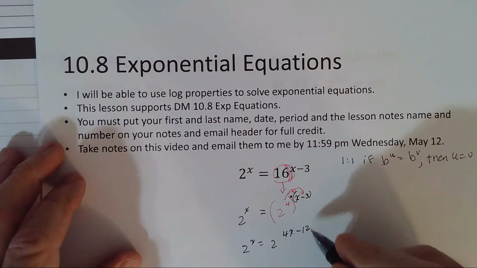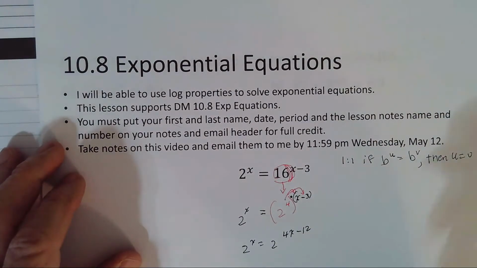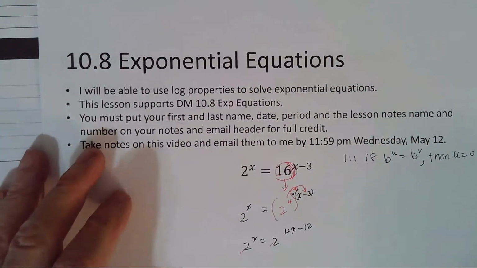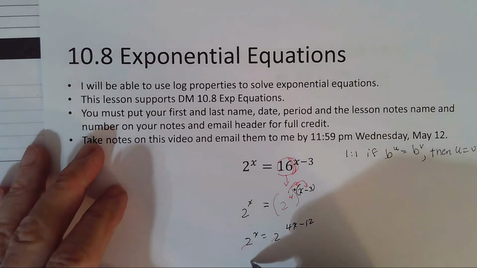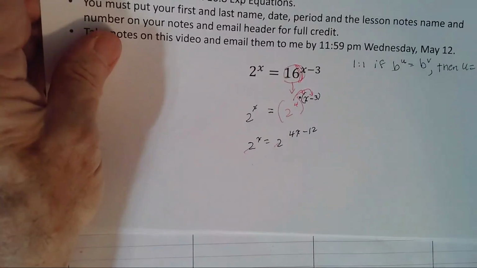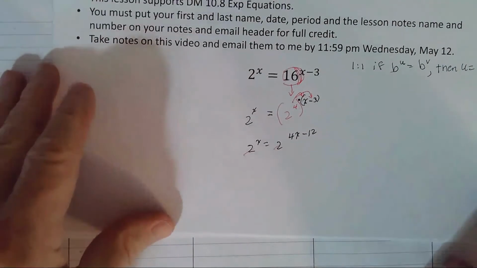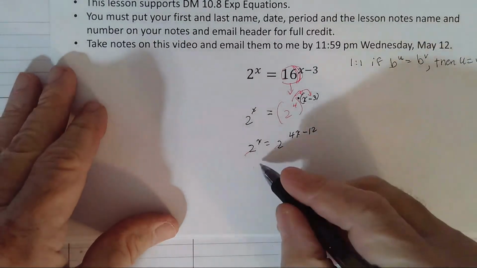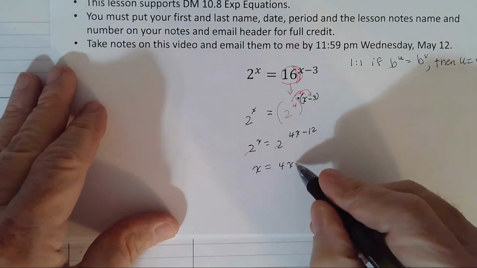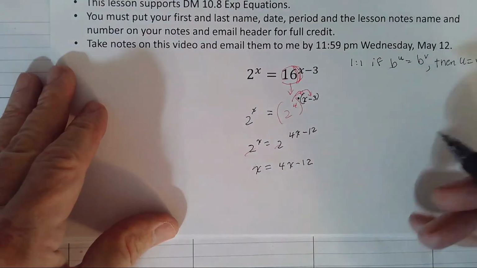And then you just throw out the 2's and rewrite this as x equals 4x minus 12, which is a simple linear equation.